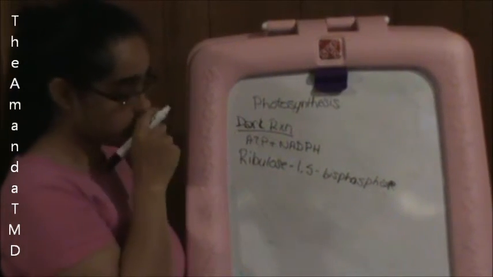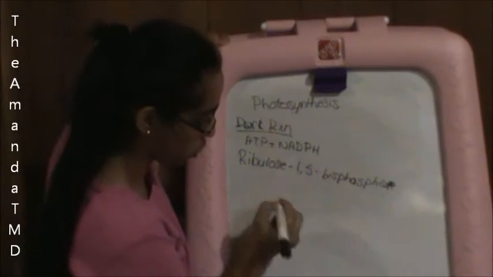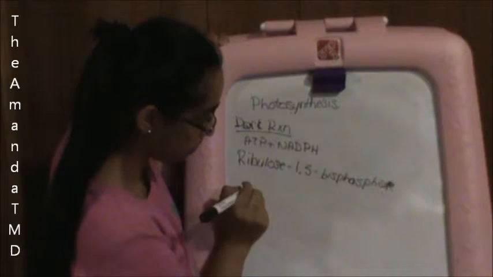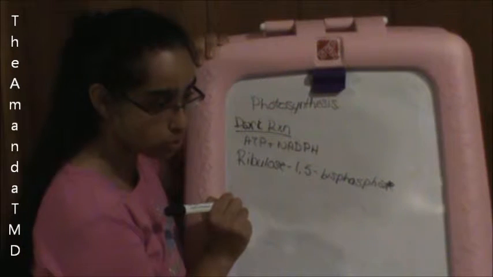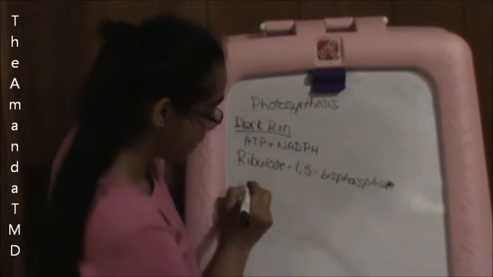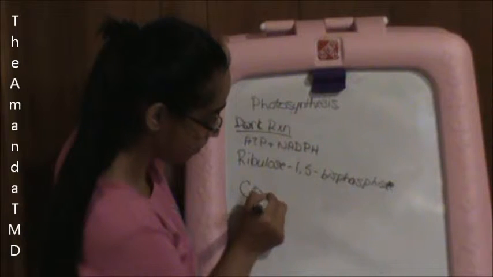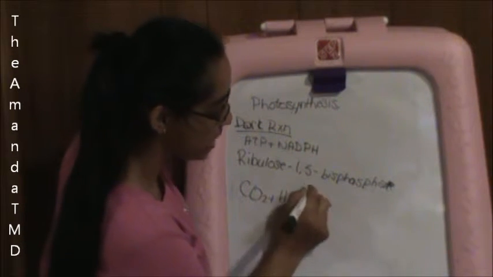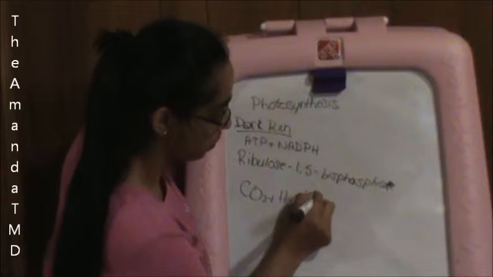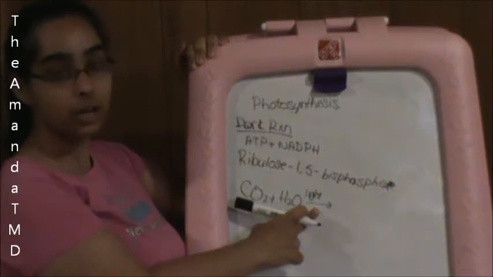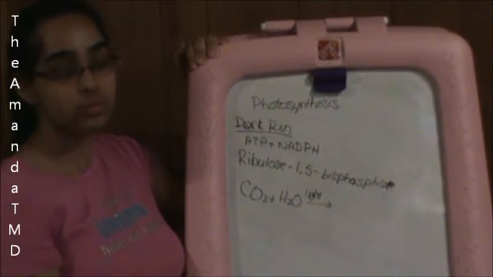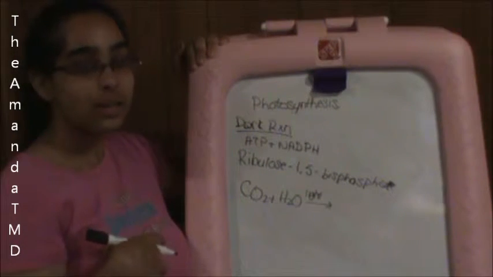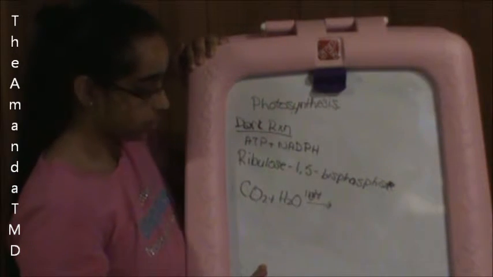Okay, so the common equation, which is often seen, is that you start off with carbon dioxide and water, and using light as your energy form, which I'm writing above the arrow because I usually mention what kind of energy you use, or if it's being catalyzed or anything like that.